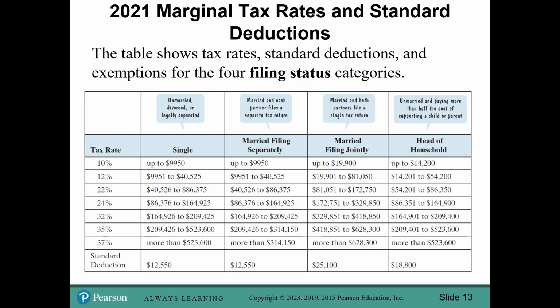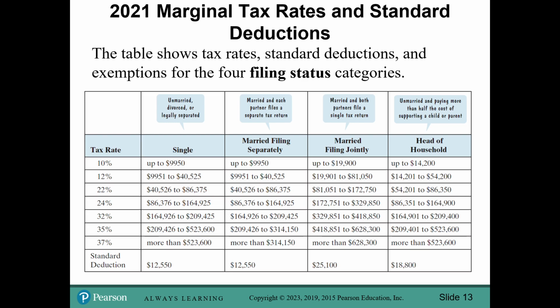Okay, now your standard deduction is listed at the bottom for all of these categories. For single or married filing separately is $12,550. For married filing jointly is $25,100. For head of household is $18,800.